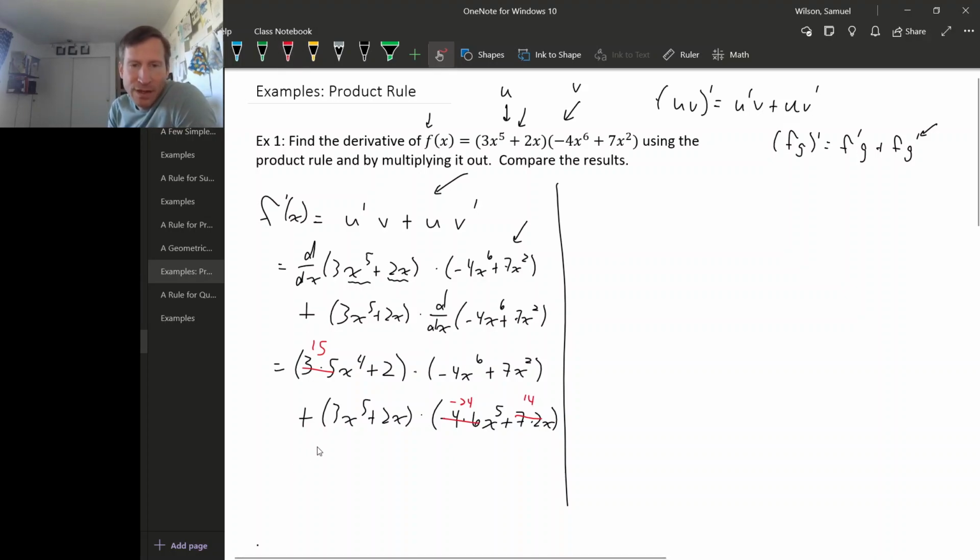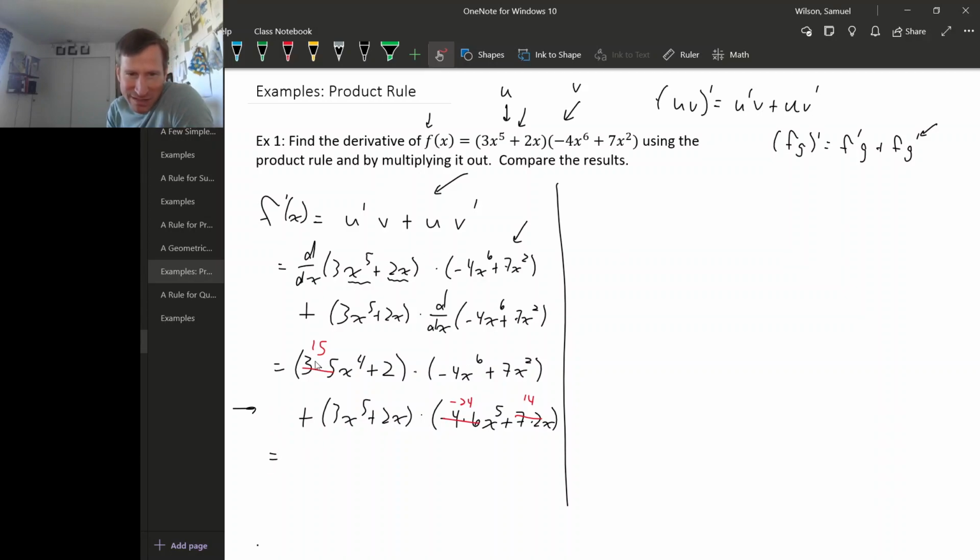Okay, now the derivative calculation itself is done, but remember we're going to compare this to what we get by multiplying this out and then taking the derivative. So to be able to compare those, we're going to have to multiply this stuff out and combine like terms.